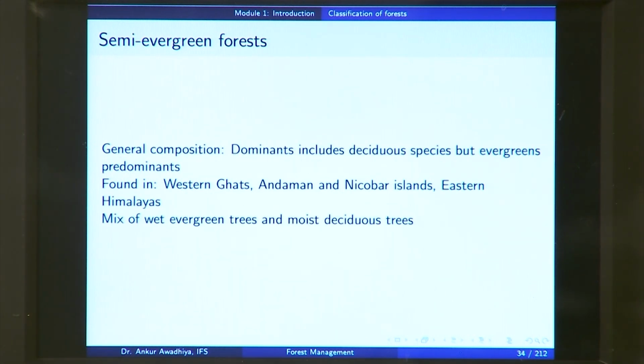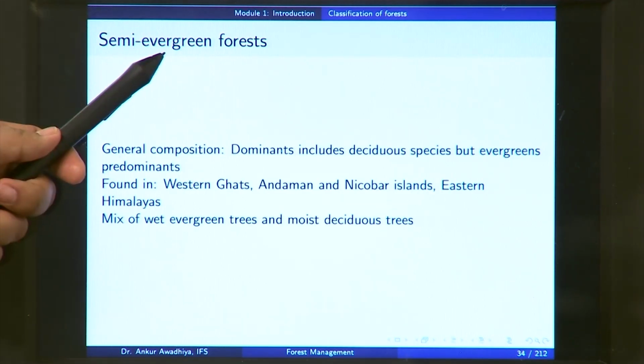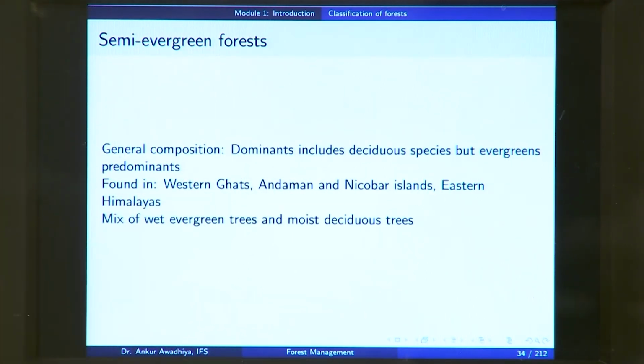Now, if the amount of water reduces a bit, we will find semi evergreen forest. Semi evergreen means that it includes not just evergreen forest, but also some deciduous species. So, here you have some deciduous species that are also dominant, but evergreens are the predominant species. Now, what is a deciduous species?